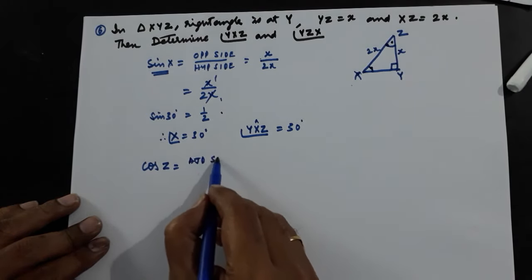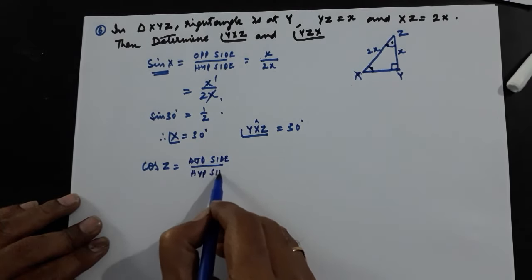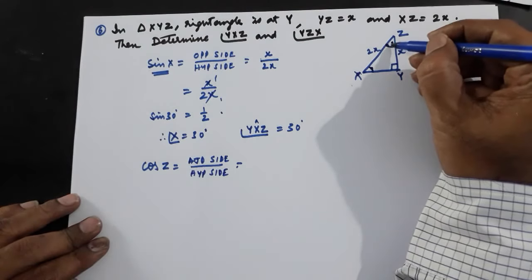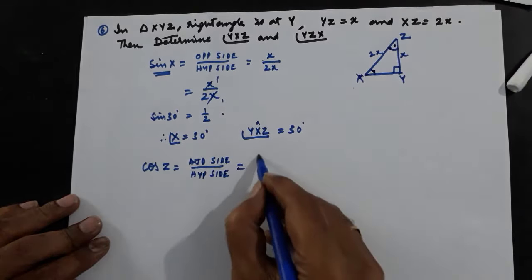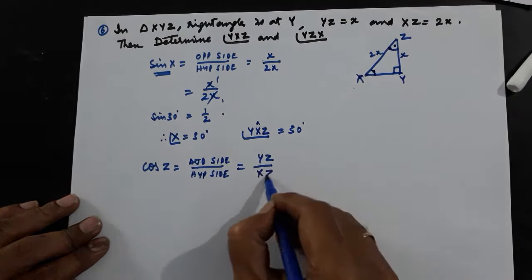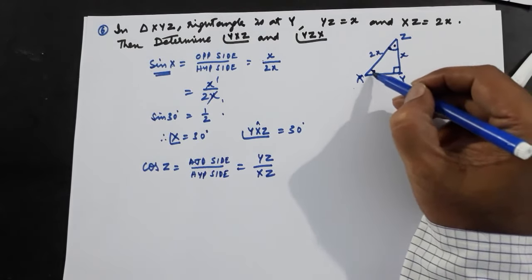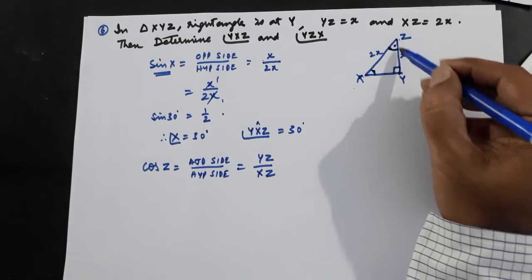Adjacent side divided by hypotenuse side. Adjacent to z is this side, YZ. The hypotenuse is XZ. If this is the angle, this is adjacent.